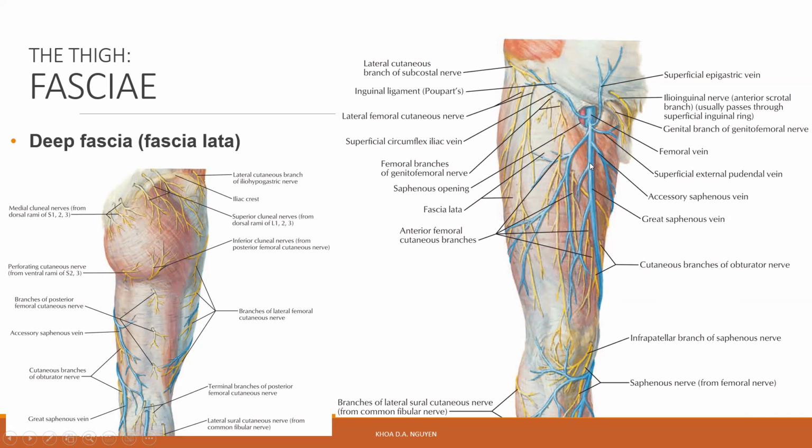Okay, for example, this great saphenous vein is going to have to pierce that fascia to get into the femoral vein right here. Otherwise, the nerves, for example the anterior femoral cutaneous nerves, as well as the lateral cutaneous nerve of the thigh and the medial cutaneous nerve of the thigh, they're all going to have to pierce that fascia here, here, here, or here in order to get all the way down to the thigh.